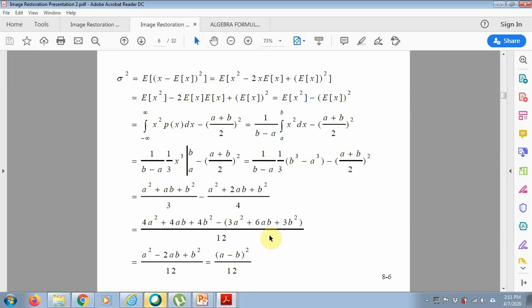And when you solve, you will get (a minus b) whole bracket square divided by 12. That will be the variance after solving the final equation.